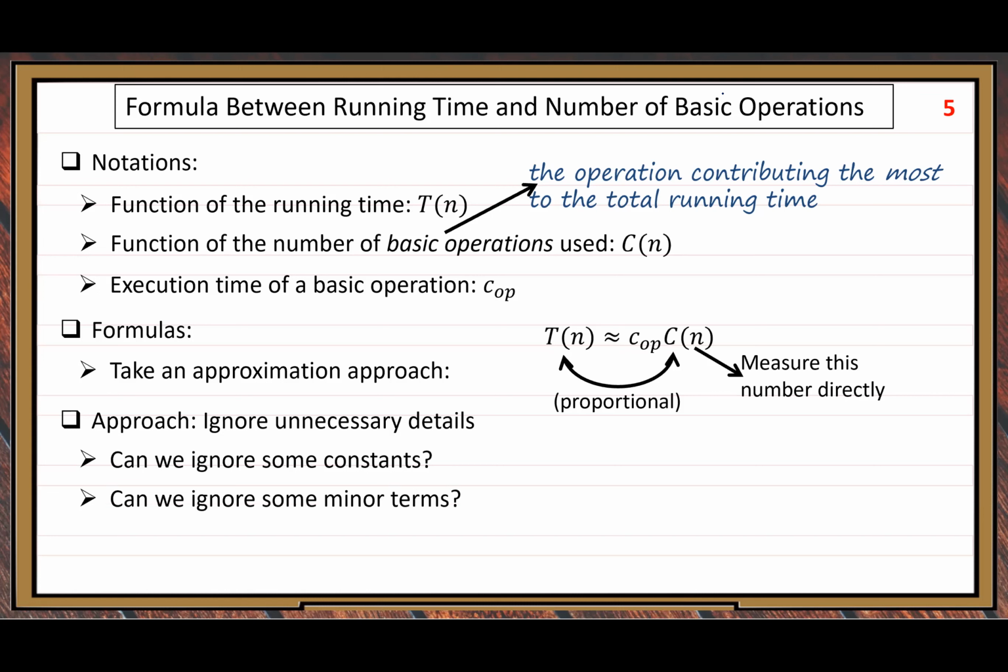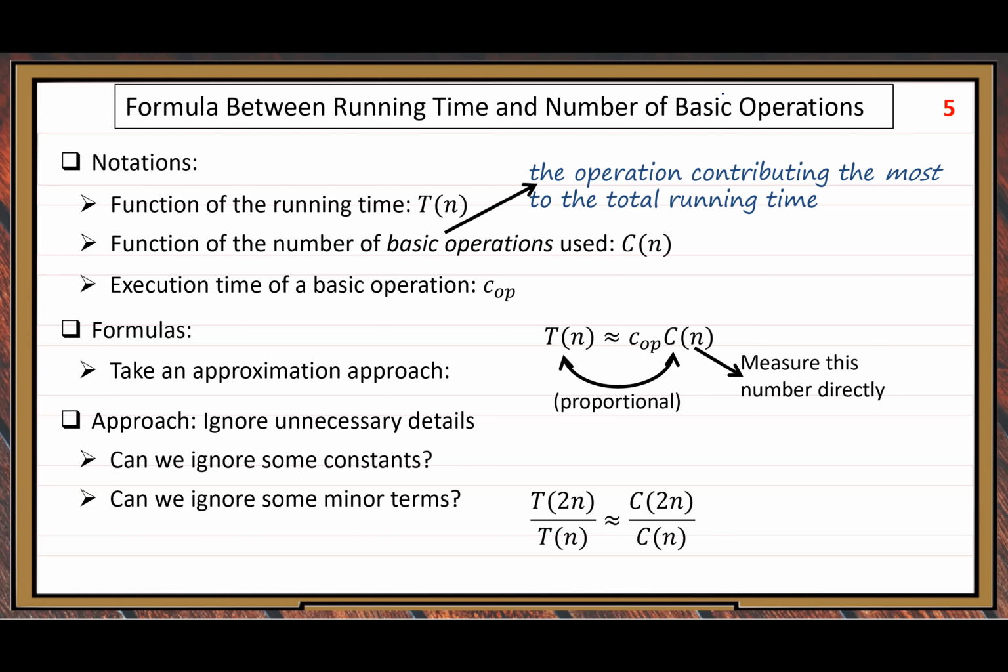So here, let's look at this question. Can we ignore some minor terms? Let's take the ratio, T(2n) over T(n). Look at this ratio, because it can tell us how fast this function increases every time you double the problem size.